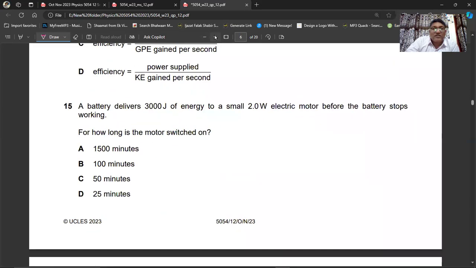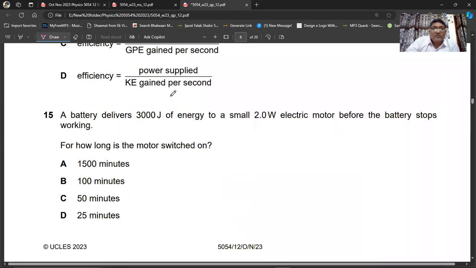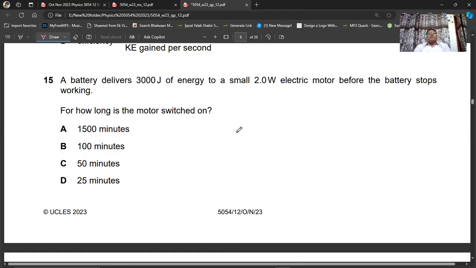That is question number 15. A battery delivers 3000 joules of energy to a small 2-watt electric motor before the battery stops working. For how long is the motor switched on? So we have the power here, we have the energy here, and the time is the question.